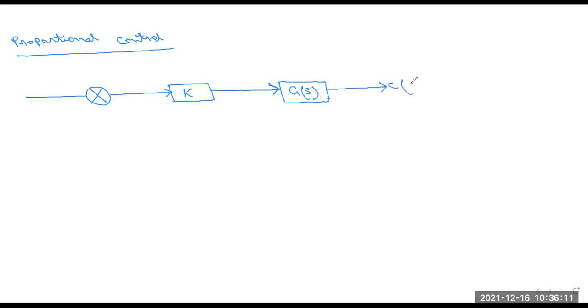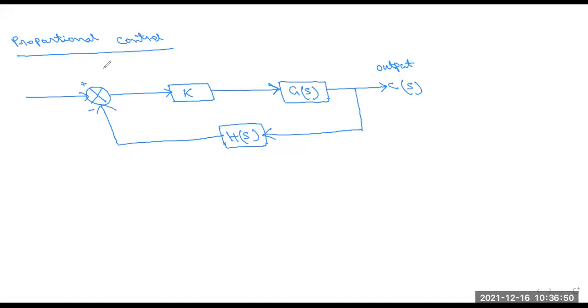Then this is the output. Another one, a feedback loop is also present. When we attach a feedback loop, this is a closed loop control system. It is connected to this summing point, where this is negative and this is positive.